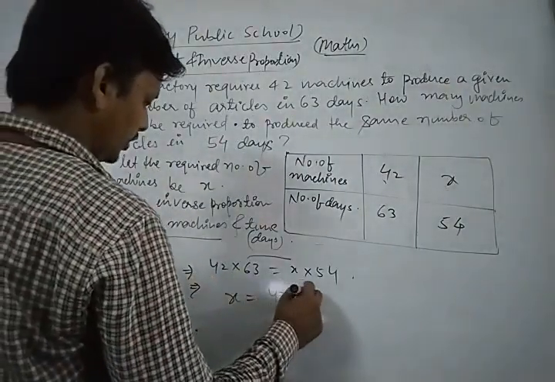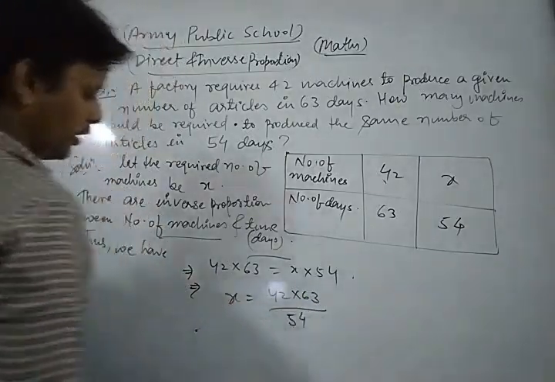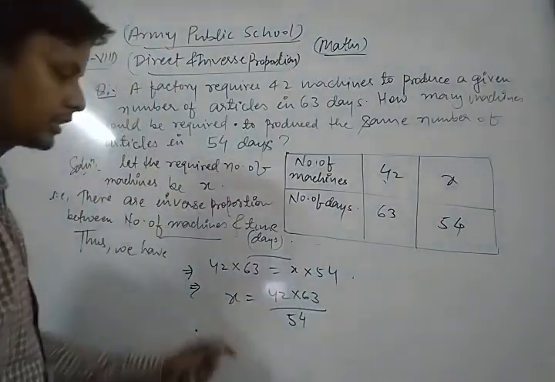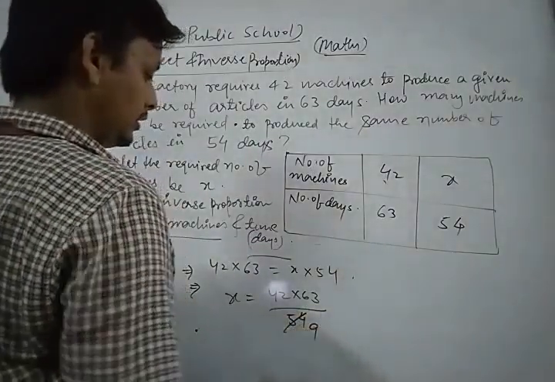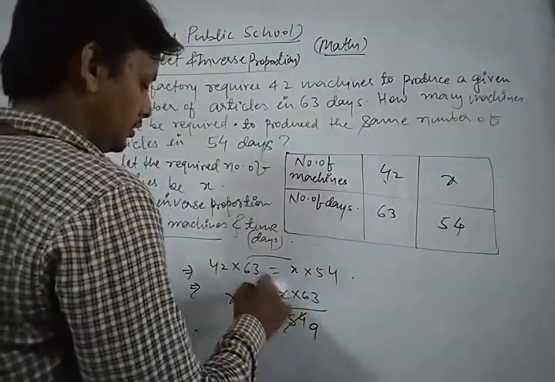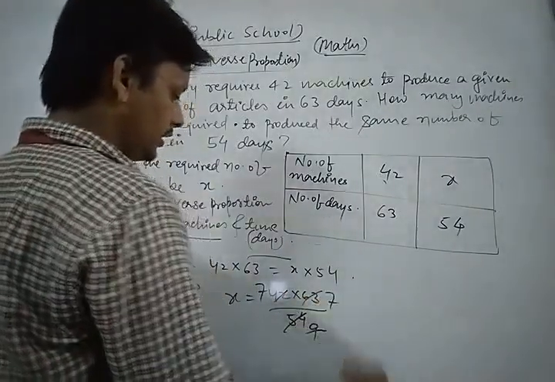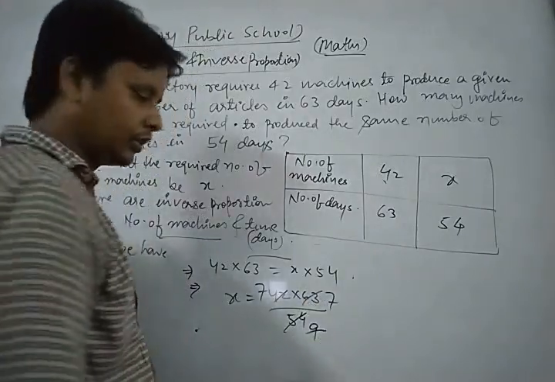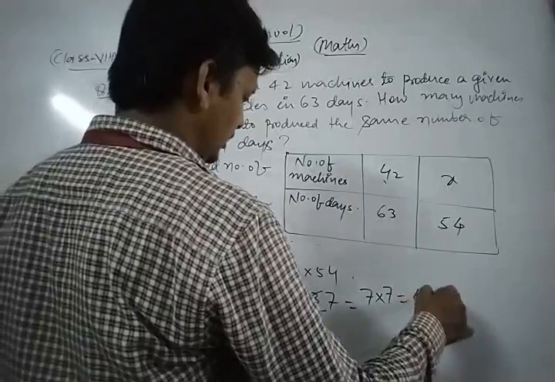That means 42 into 63 upon 54. Now we just simplify them. 6 9s are 54, 6 7s are 42, 9 7s are 63. Now we get 7 into 7, that is 49.